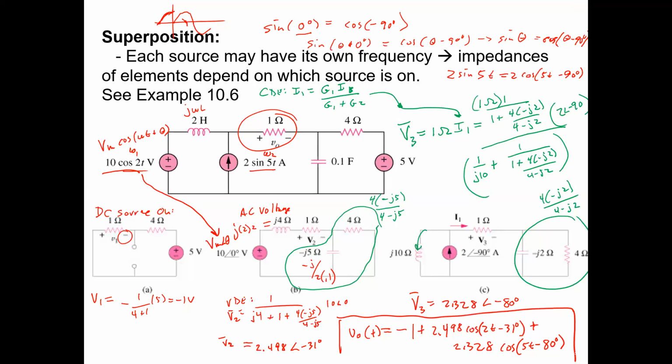Other time constraints. Well, these are steady state solutions, sinusoidal steady state. And sinusoidal steady state is long after any temporary startup transient has died off. Like when you first turn on these, if you come to your bench in the morning and you turn on these sources, maybe you're turning on the 5-volt source before you turn on the 10 cosine of QT source a little bit.